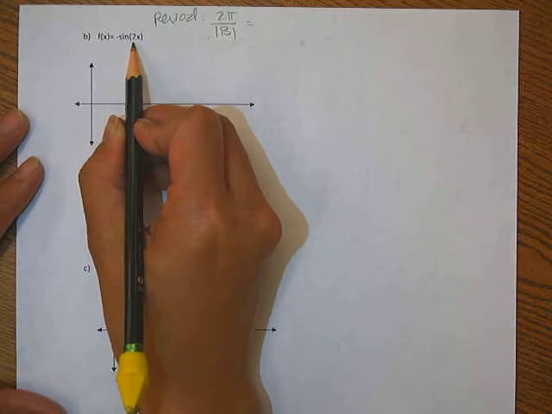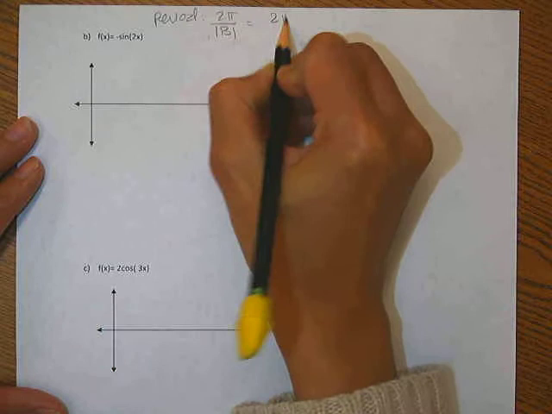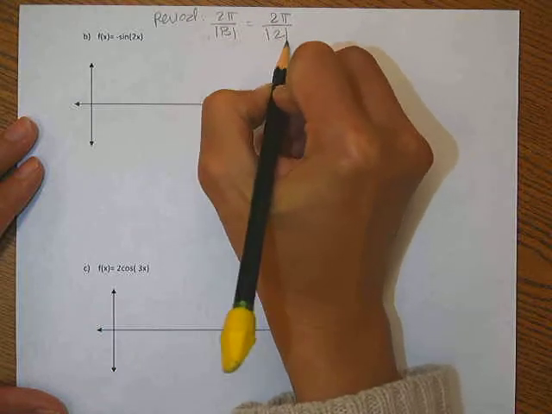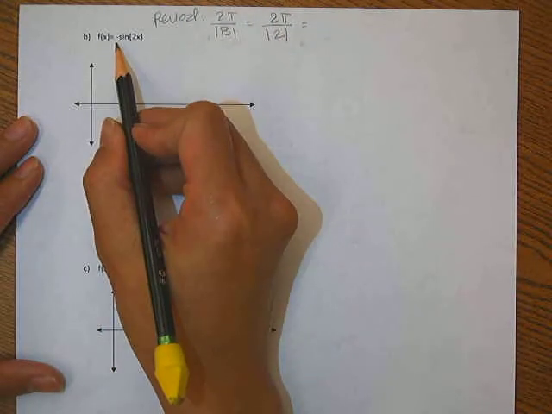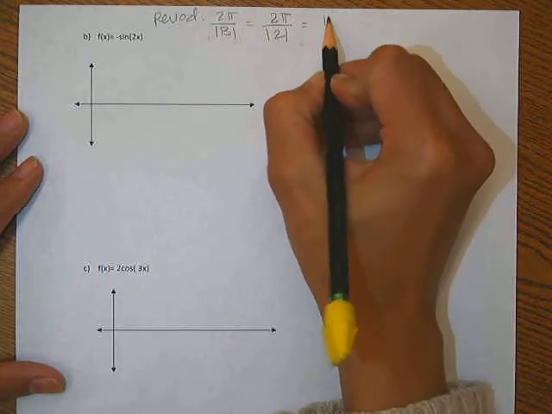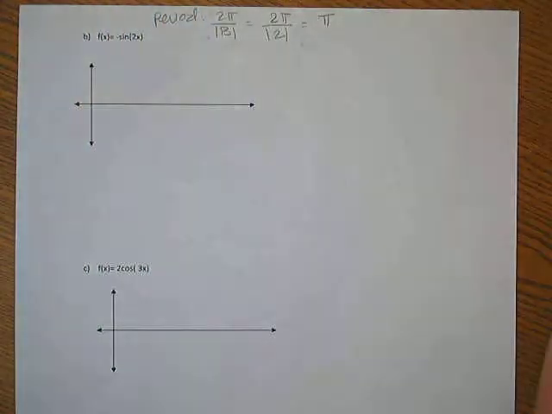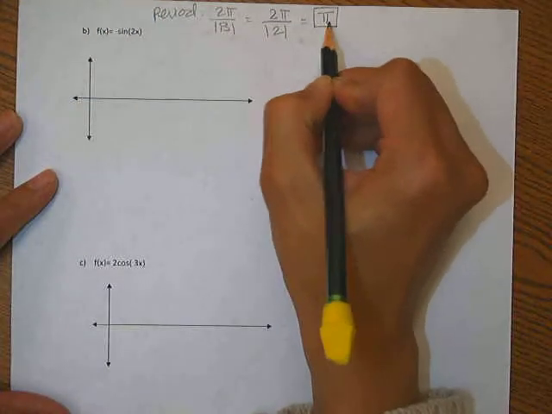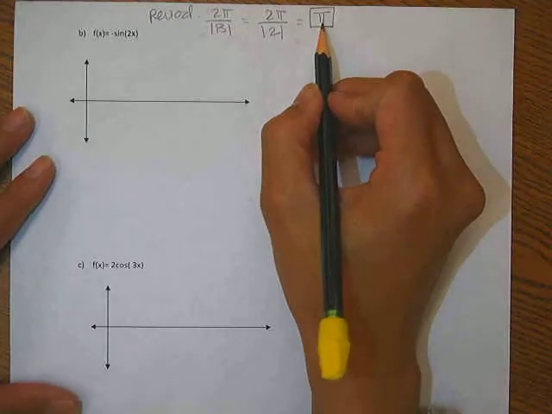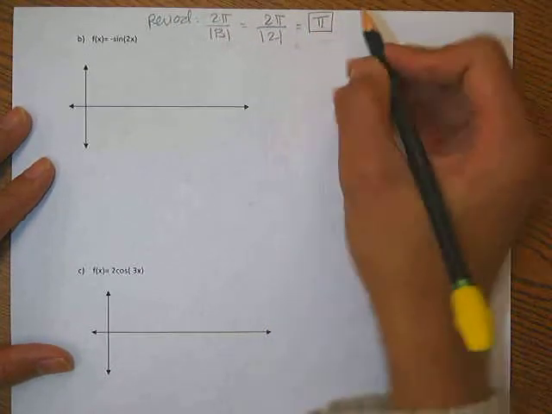We do have a horizontal change. This is a horizontal compression of a half. So we're going to go 2 pi divided by 2. The period for the parent function is 2 pi. If I compress it by half, take 2 pi, cut it in half, it's going to be pi, which mathematically makes sense, right? So this is horizontally compressed by a half, therefore a period of pi.